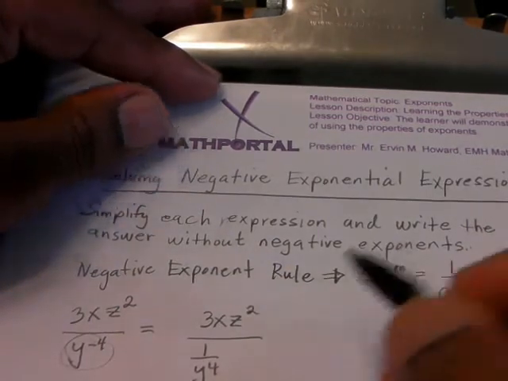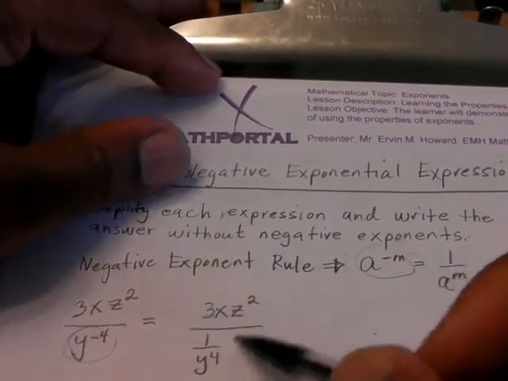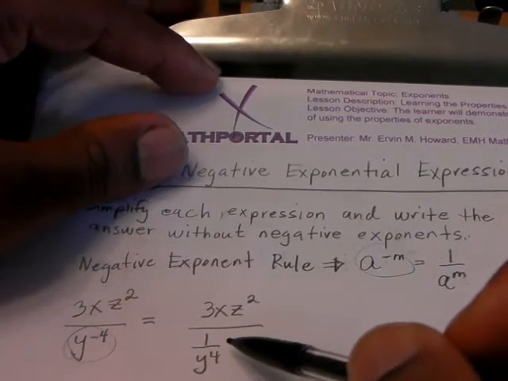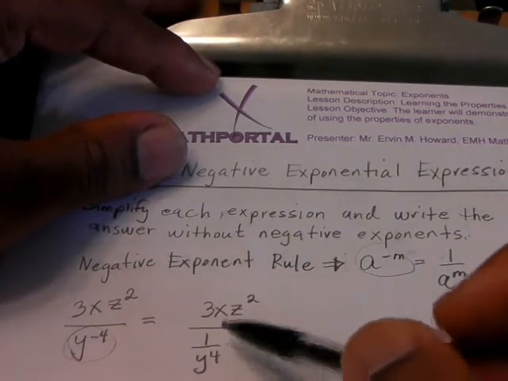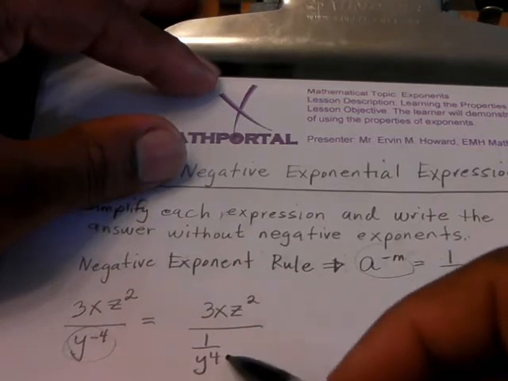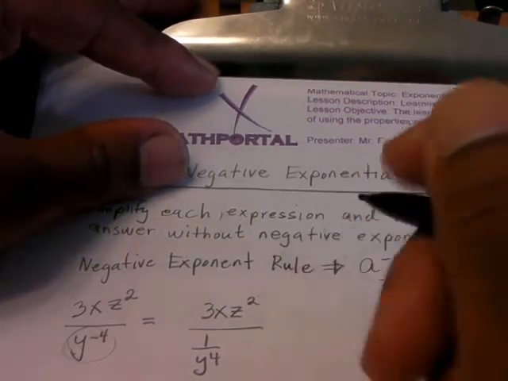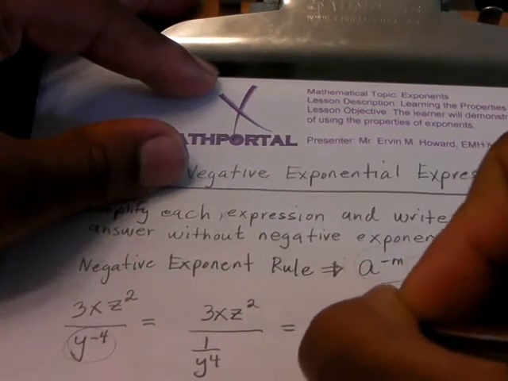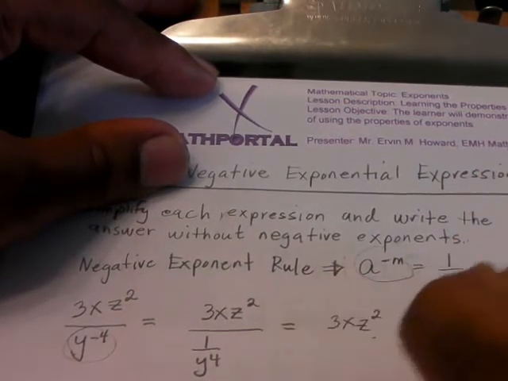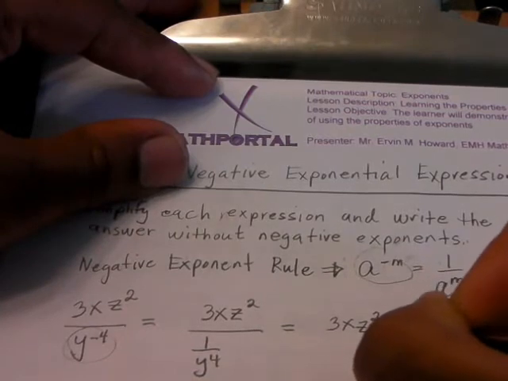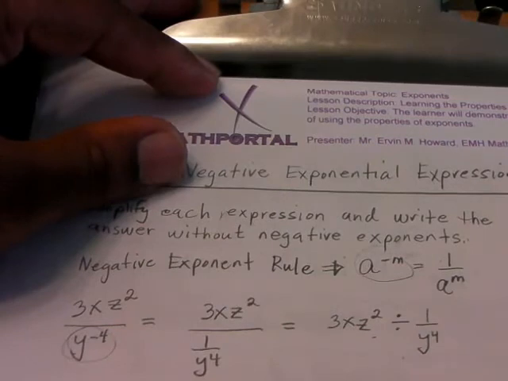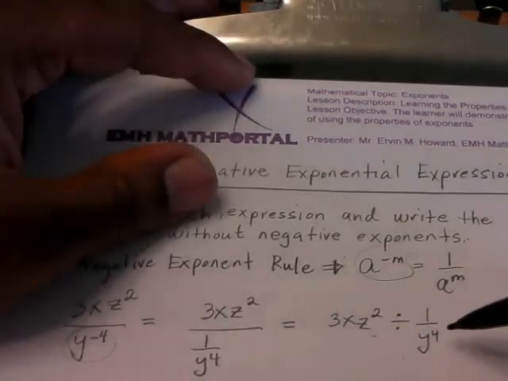These represent a division of rational expressions, so it's 3x z squared divided by 1 over y to the 4th.